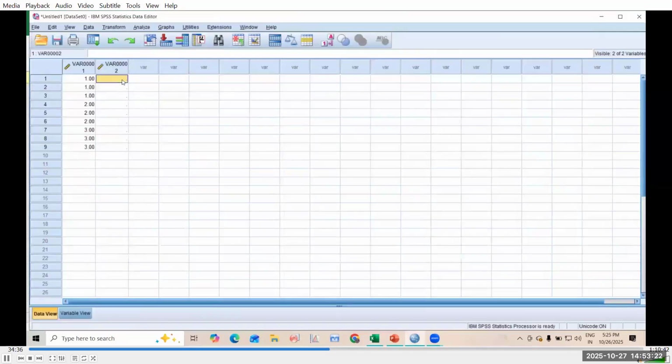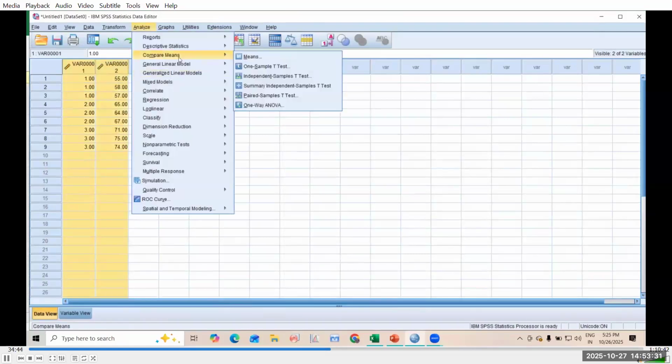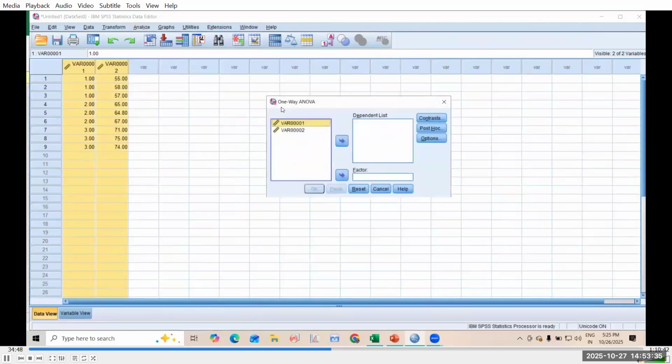The dependent variable is residual enzymatic activity. We'll put it in the next column for the dependent variable. Select both, go to analysis, compare means, then we'll go for the one-way ANOVA. Here, the dependent list will be variable column 2, and the factor is column 1, that is temperature.